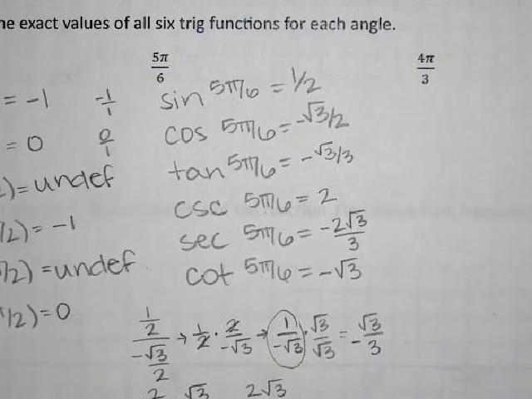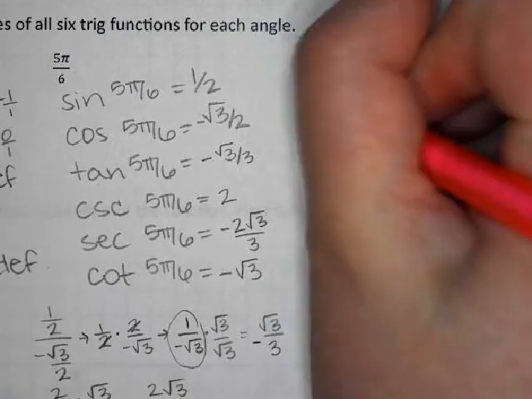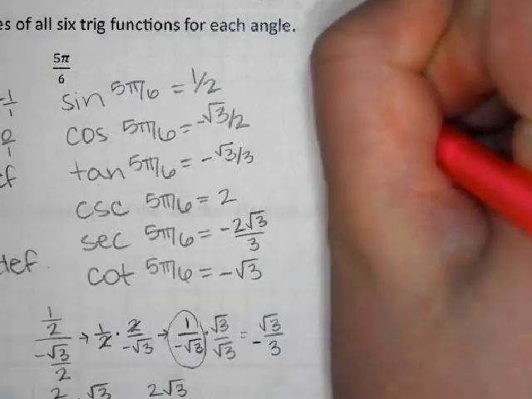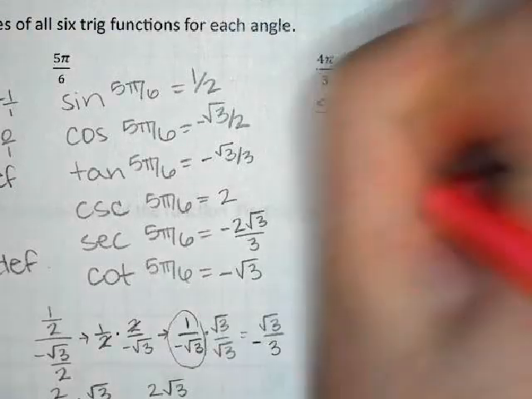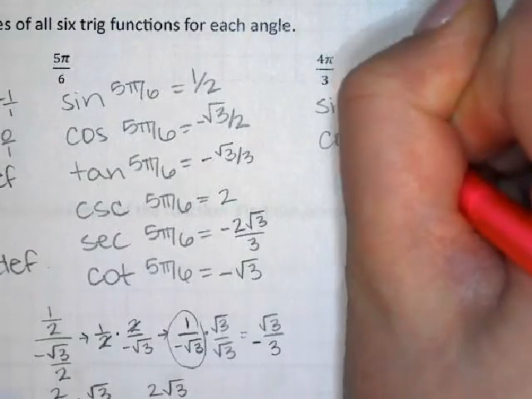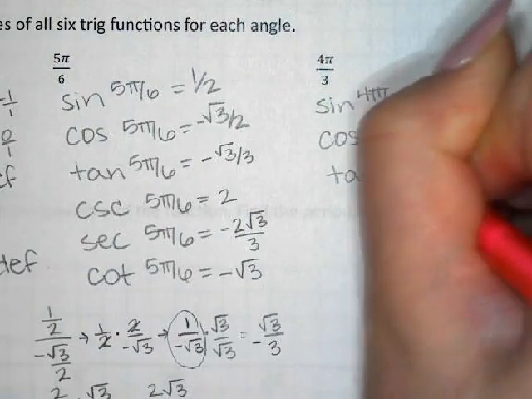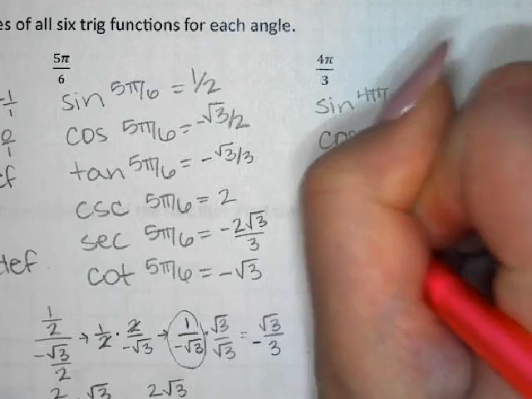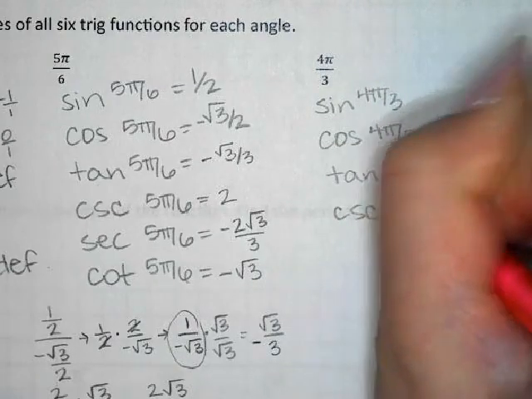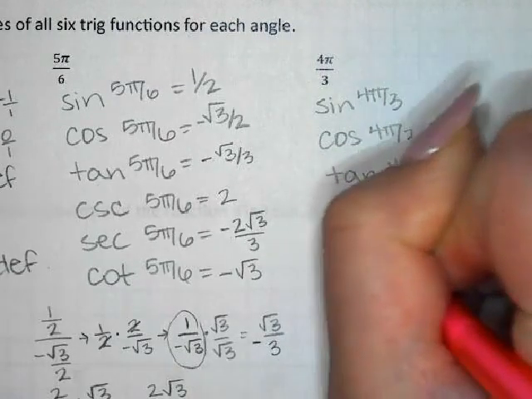All right, next, 4 pi thirds for all 6. So sine, cos, tan, cosecant, secant, cotangent.